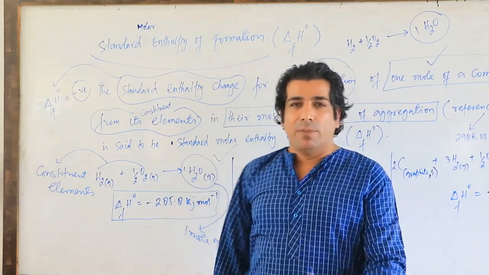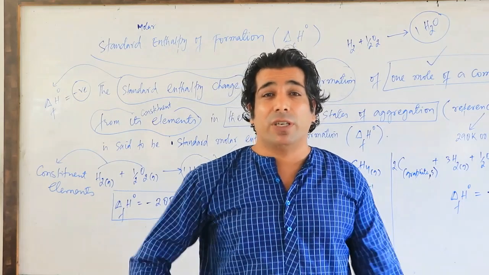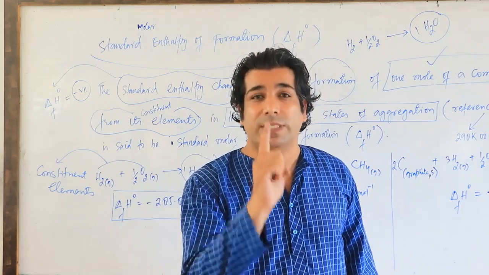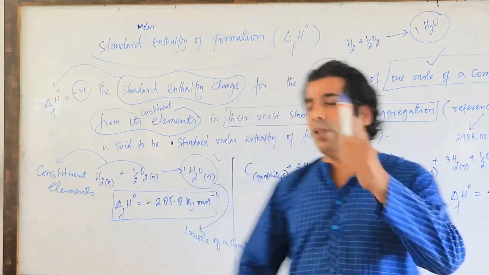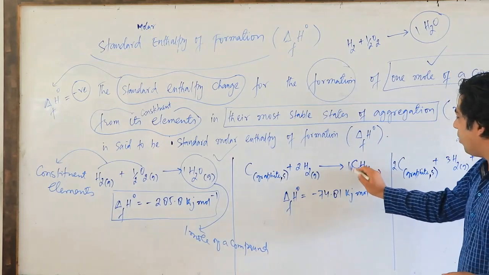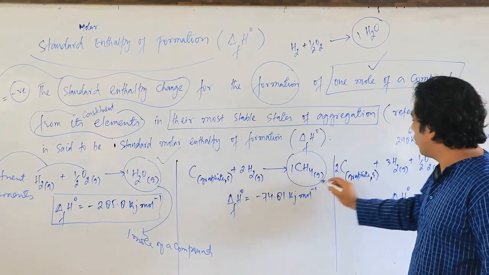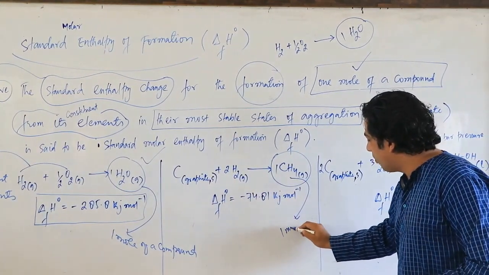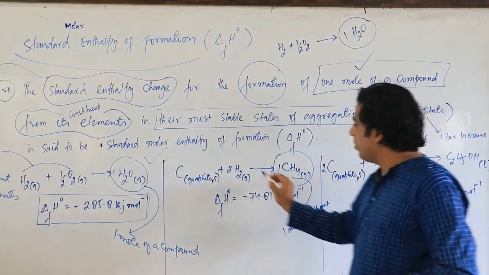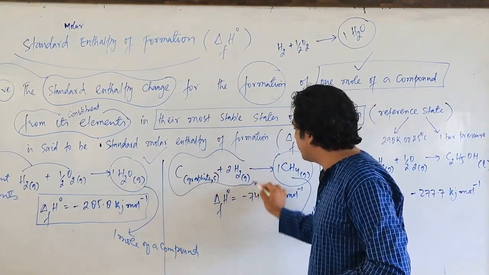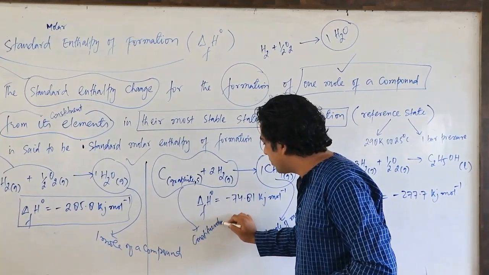So remember, molar enthalpy of formation or standard molar enthalpy of formation is taken for the formation of 1 mole of substance from its constituent elements. Now have a look. Here we have methane. How many moles of methane? I need 1 mole of a compound. So 1 mole of methane is formed from its constituent elements.